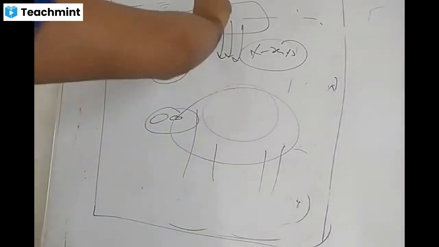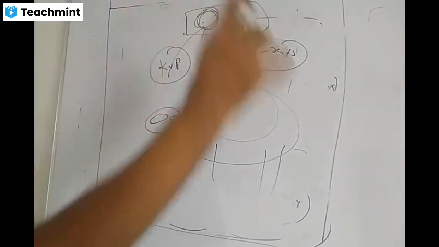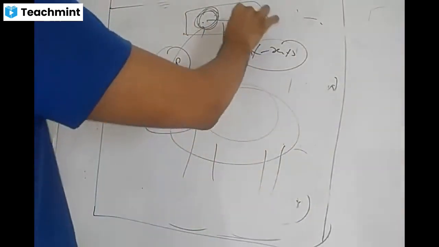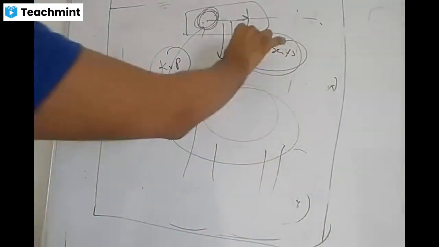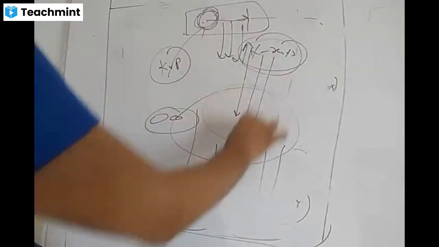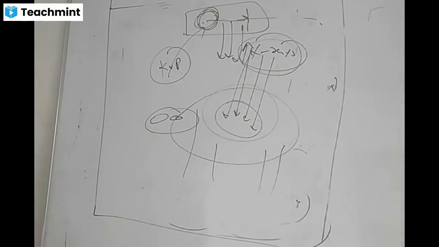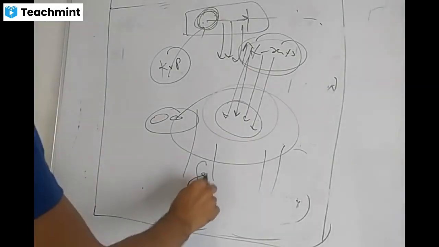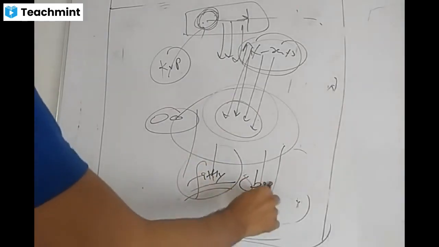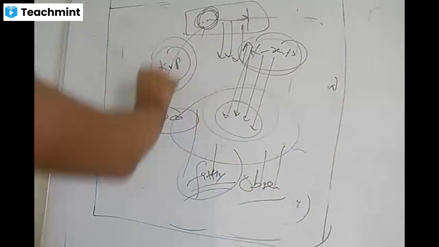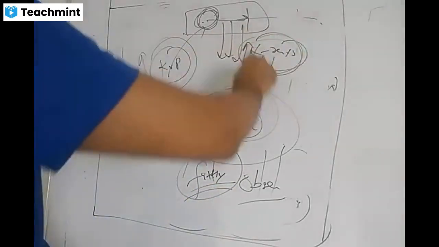With more kVp, more energetic electrons will be produced, then more energetic electrons will strike, more energetic X-rays will come out, and they will penetrate the fatty obese animal. So in case of a fatty or obese animal, we can increase the kVp and penetrate the animal with our X-rays.